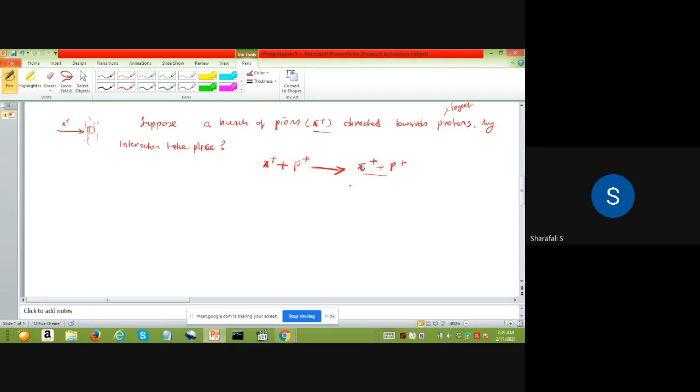So at first glance it can be concluded that nothing happens in this reaction. Nothing happening in this reaction.